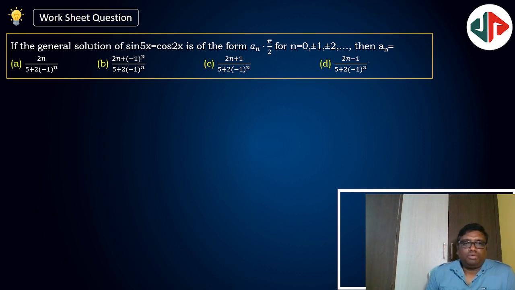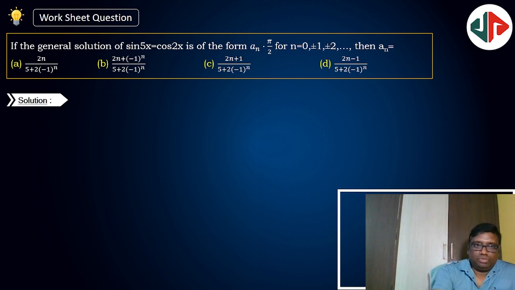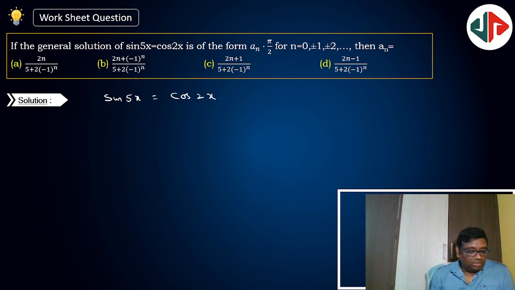If the general solution of sin of 5x is equal to cos of 2x is in the form of an into pi by 2, then what is your an value? So here we consider sin of 5x is equal to cos of 2x, it is given. Now we can rewrite this as cos of 2x is equal to cos of pi by 2 minus 5x.